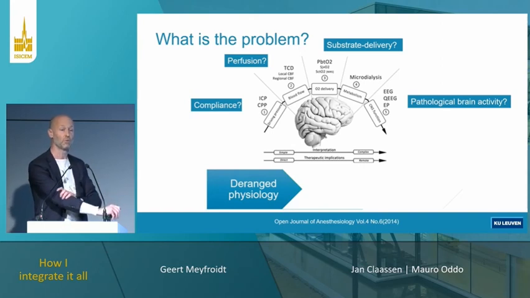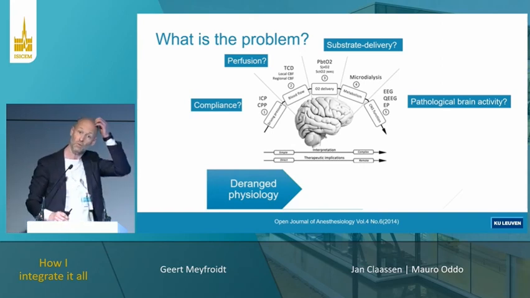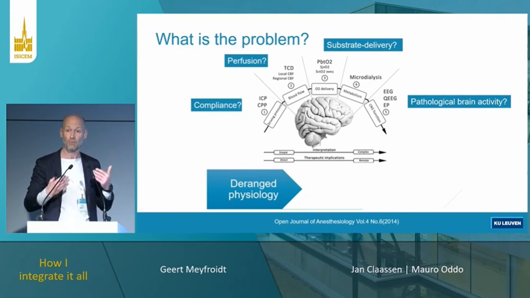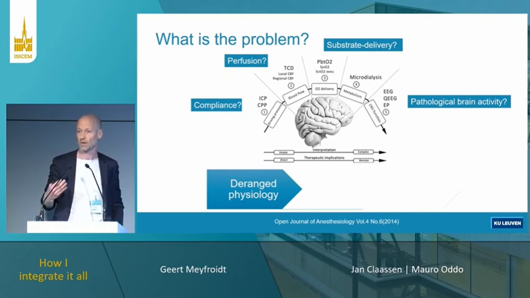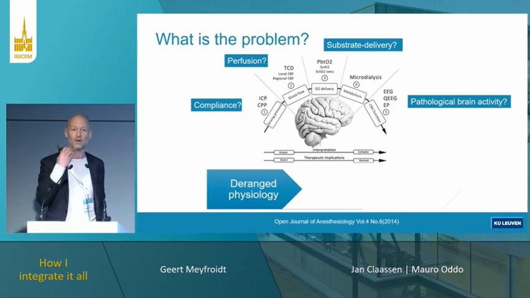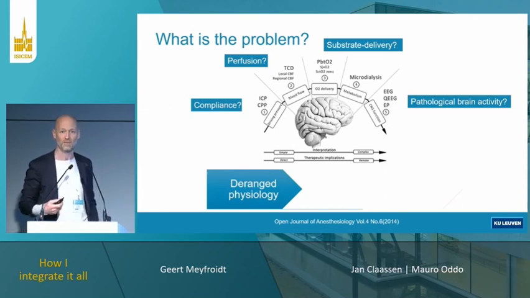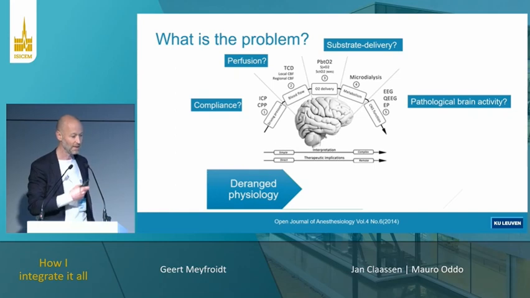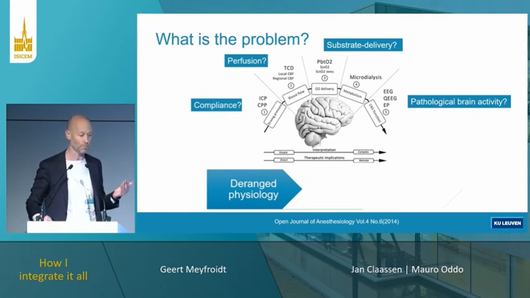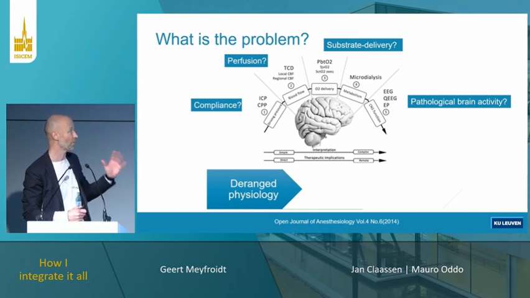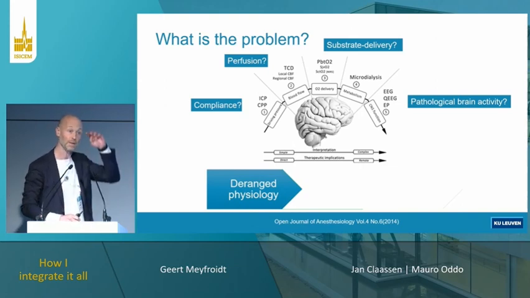So if there's one lesson you want to have from this talk, if you apply monitoring, it should be there to answer a specific question, or as Randy Chesnut would say, otherwise it's expensive voyeurism. And so you just try to ask yourself, what is my problem here? Do I have a problem with compliance? Do I have a mechanical problem in my brain? Is maybe ICP monitoring helpful?